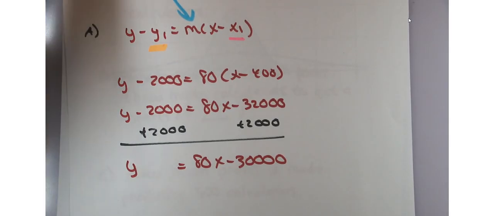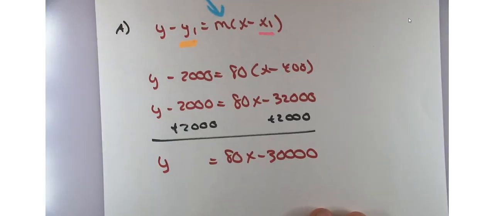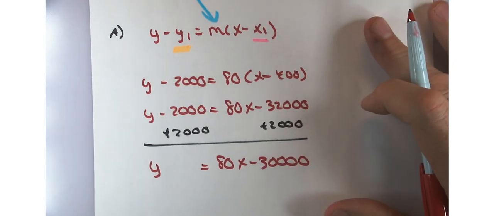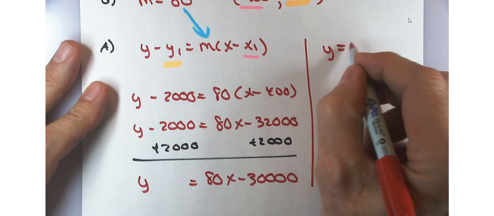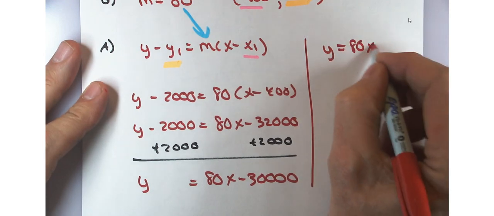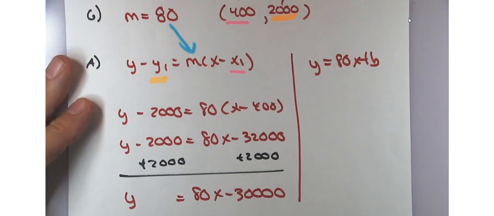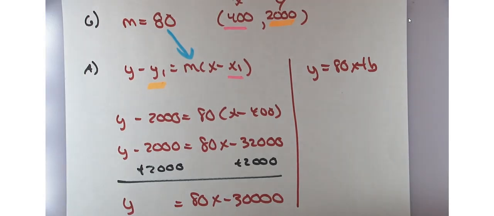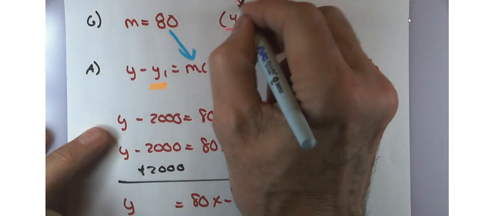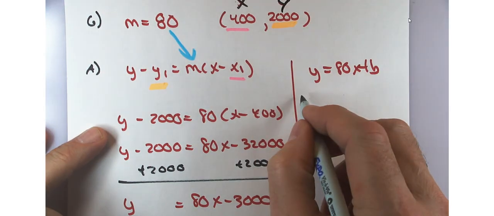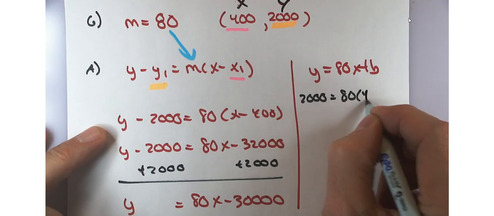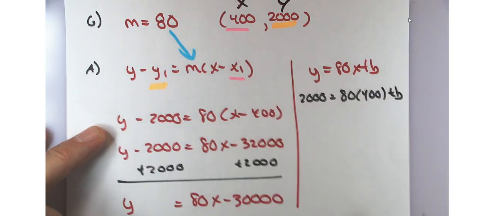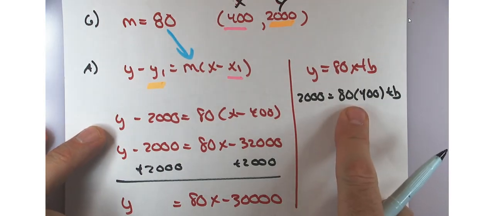Two more little pieces to go here. Are we okay with this one? The alternative that you could have done to this is you could say, well, y equals 80x plus b. And you know some values of x and y. Those are right here. So that's going to be 2,000 equals 80 times 400 plus b. That's 32,000.